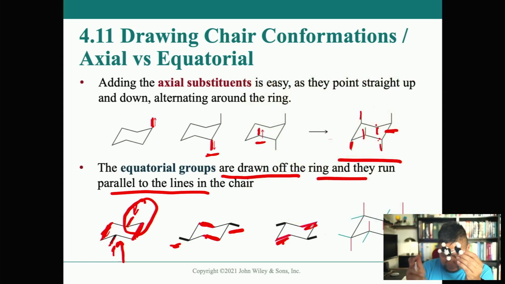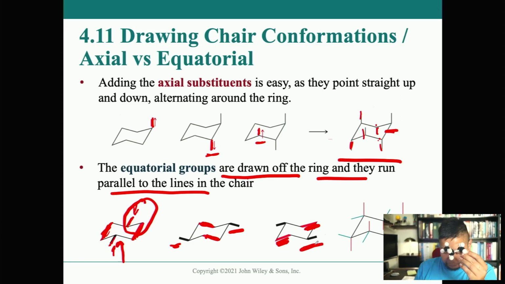So these bonds right here that they're telling you to be parallel with, that's this bond right here. No, sorry, this bond right here, the one behind. And so the hydrogen that you're pointing at for this one is this one right here, the one that's pointing out in front. So this hydrogen is this one.